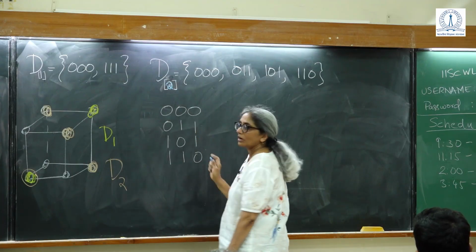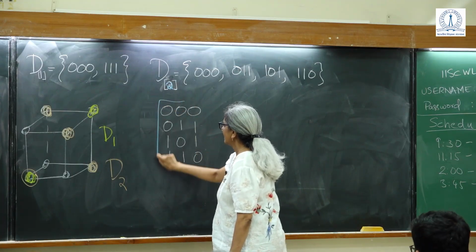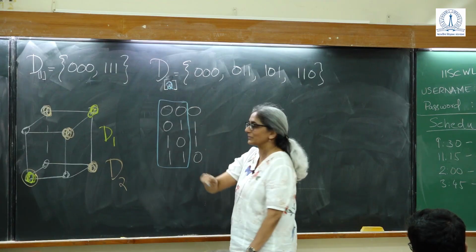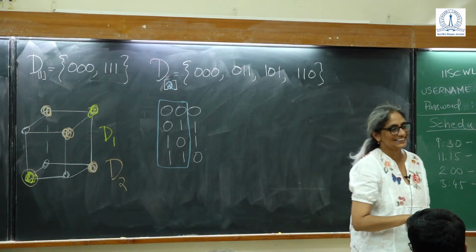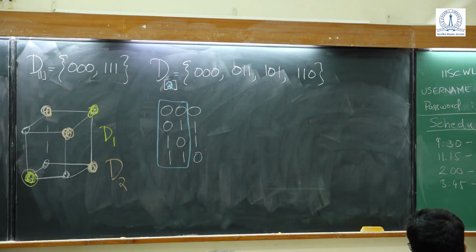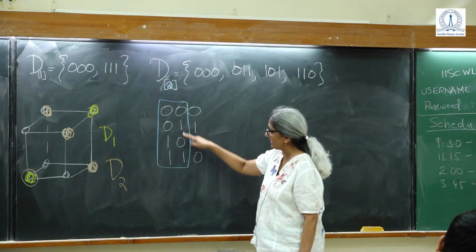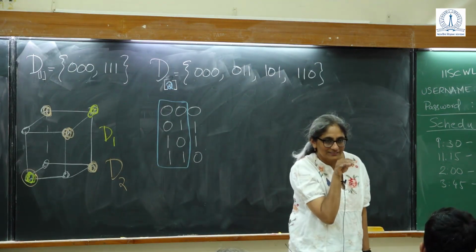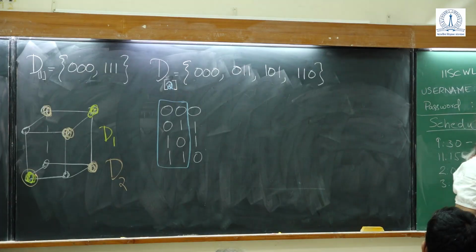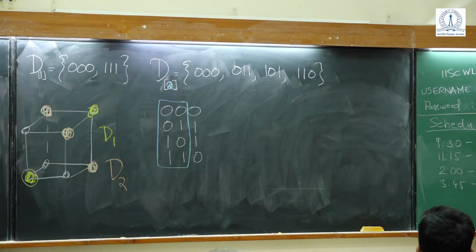So pick 2 columns arbitrarily, okay? This is my human randomization. Pick any 2 columns. Let's pick those 2. What do you notice? Do you notice something nice in the rows? You see all the vertices of the 2-dimensional hypercube, 2-dimensional Boolean cube, appear equal number of times, right?